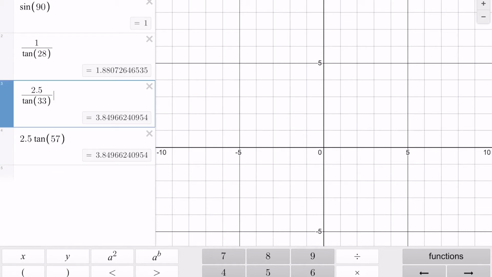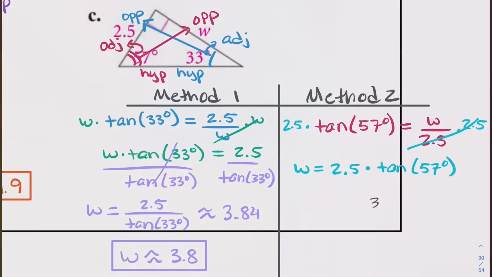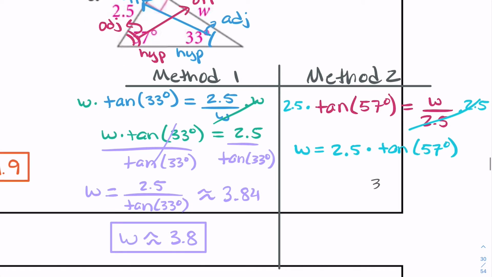Notice that these two answers are equivalent. So 2.5 over tangent 33 or 2.5 tangent of 57. And that's the way it should be. So that approximately equals 3.84. So W approximately equals 3.8.